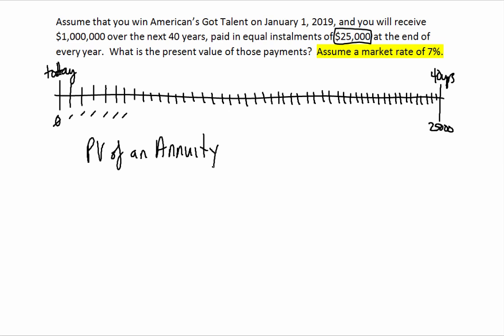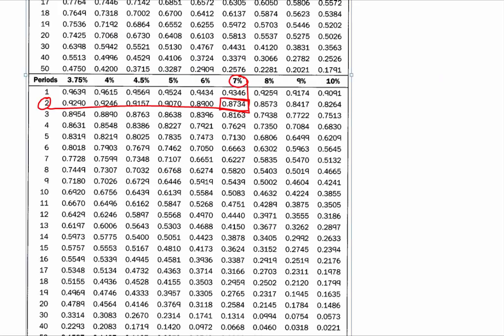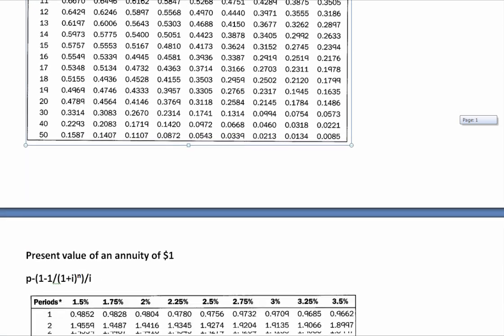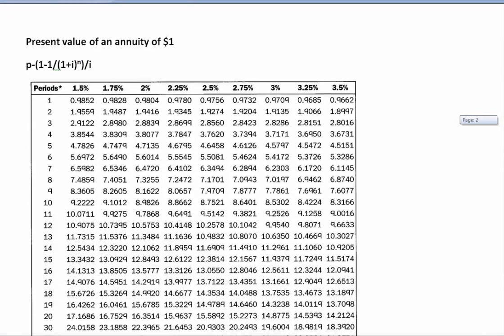So I'm going to take the 25,000. You take the payment amount and you multiply it times the annuity factor. So let's go over here. This is the present value of a single sum, but I want the present value of an annuity. So here is the present value of an annuity of $1.